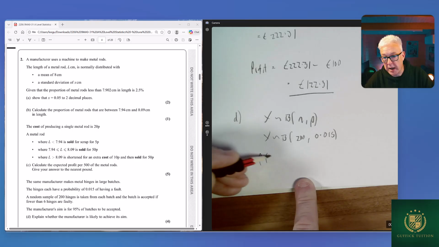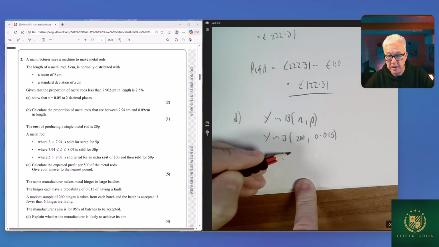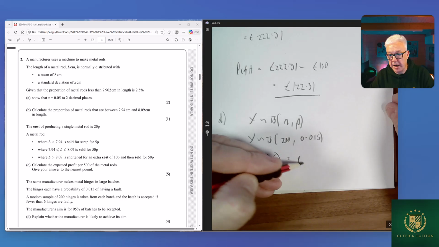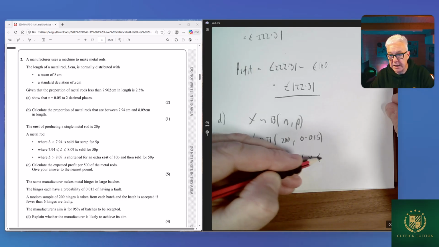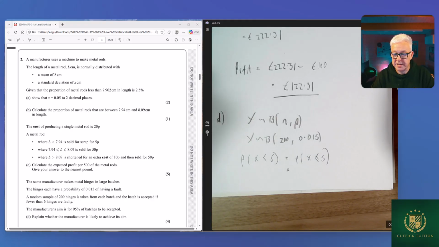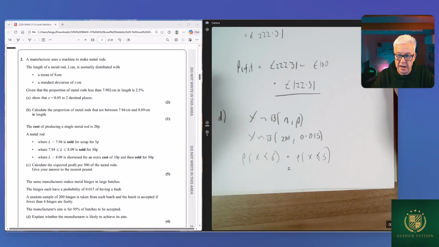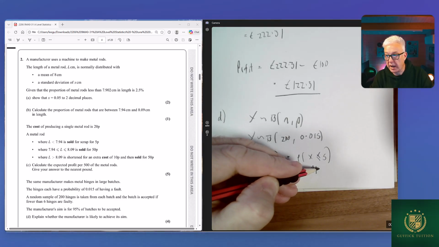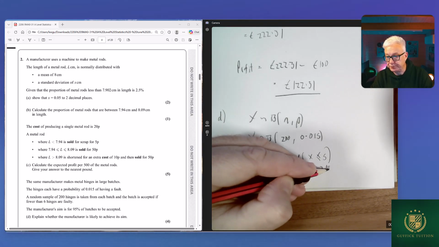So we want to work out the probability of X is less than 6. Now remember that in the binomial, that is the same as X is less than or equal to 5. When we work that out, that gives us 0.917.